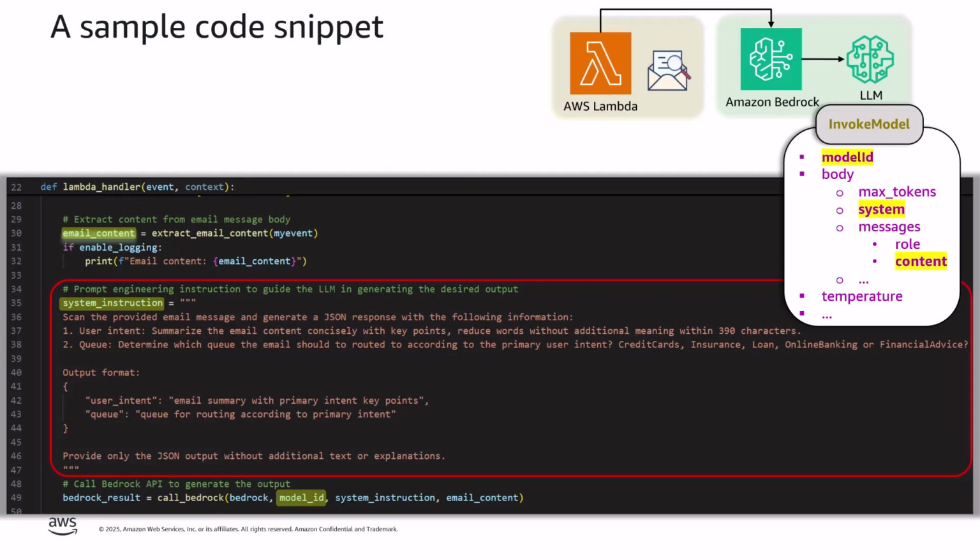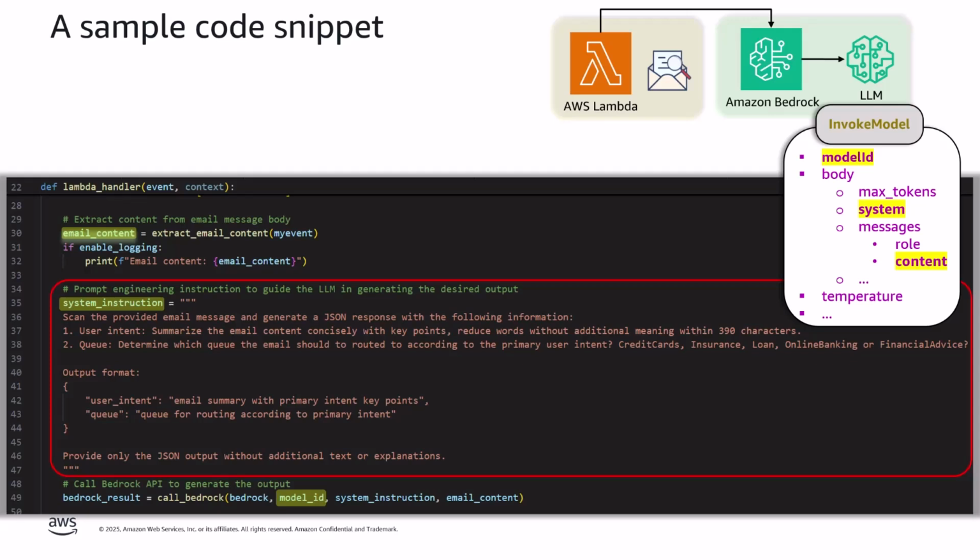In this case, we've asked the model to scan the email message and produce a JSON response containing two main elements: the user intent and the appropriate queue for routing. The user intent should be a concise summary of the email content, capturing key points.